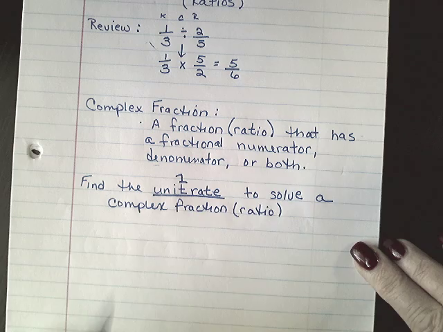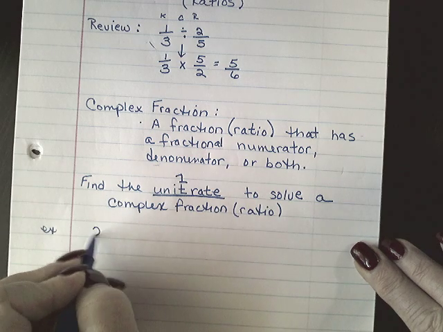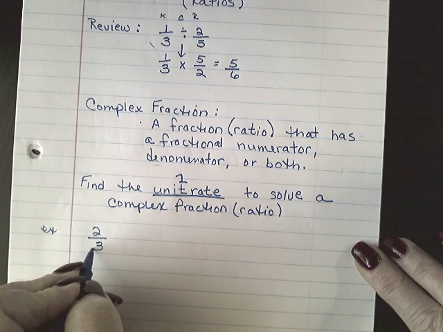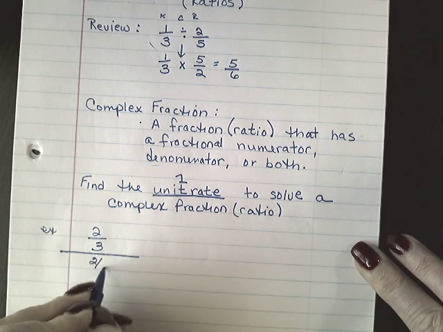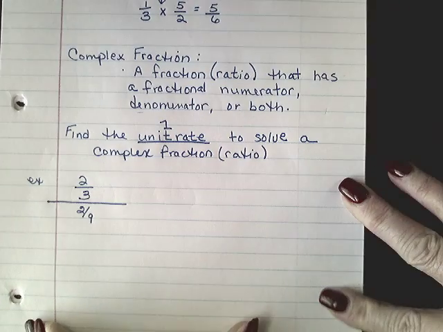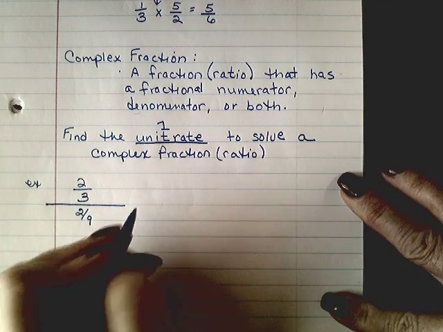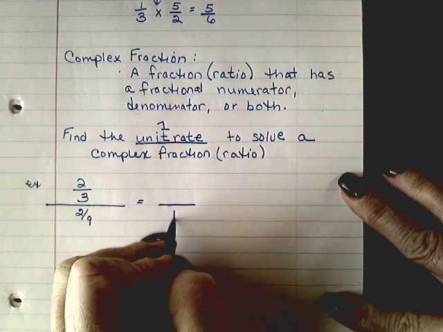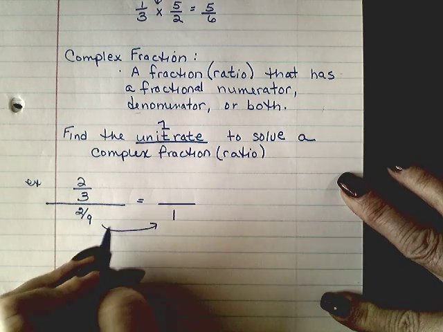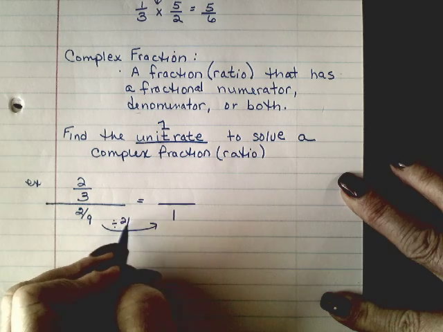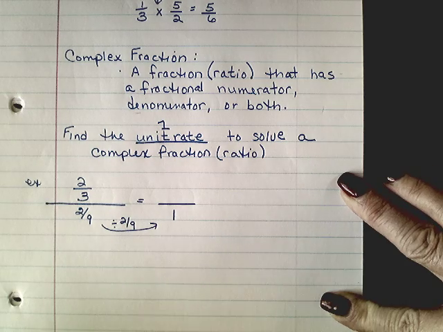All right, so we're going to have two examples. 2/3 divided by 2/9. Now this is where you're going to set these all up, all right? We want the unit rate, so we want that to be over 1. So we need to take, as we did with whole numbers, and divide by that denominator, 2/9.